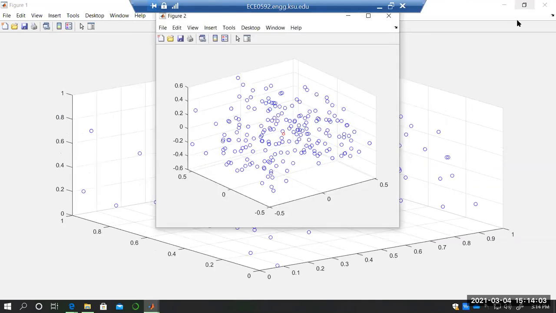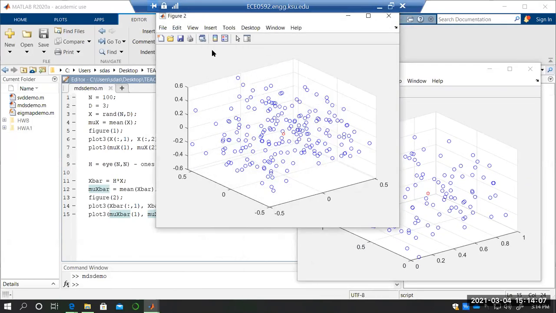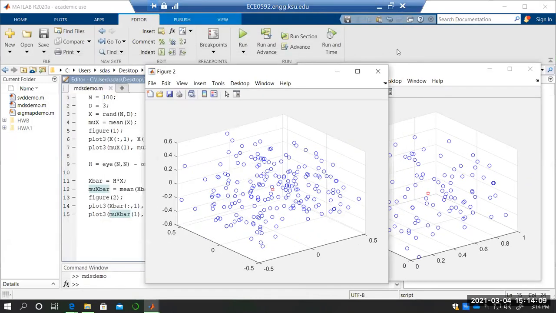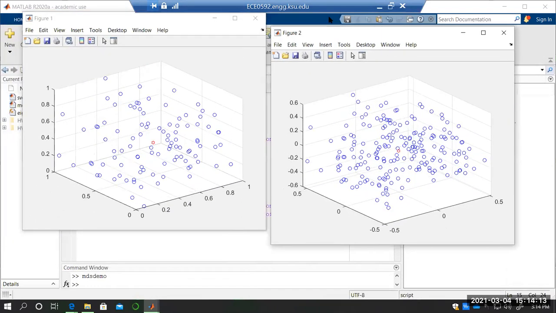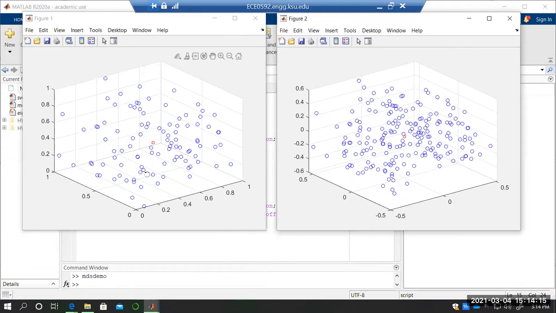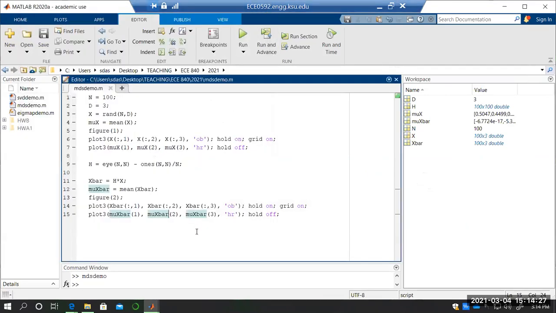Actually, let me juxtapose them. This is my figure 1, and this is my figure 2. This is the raw samples. These are the centered samples. Oh, I think figure 2, I did it twice or something. Let's do figure 1 and figure 2 again.